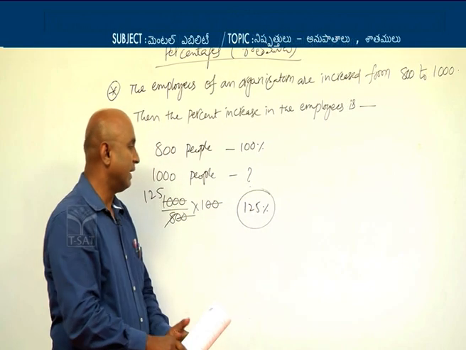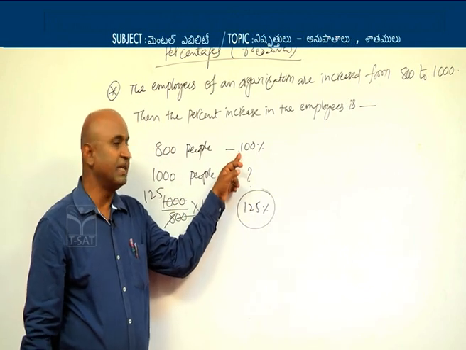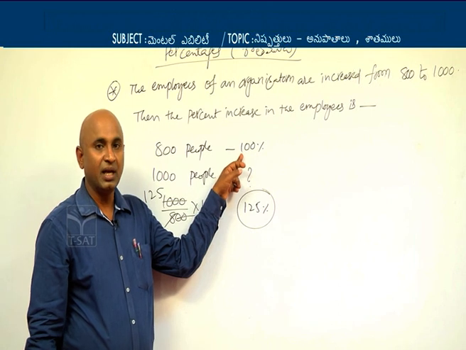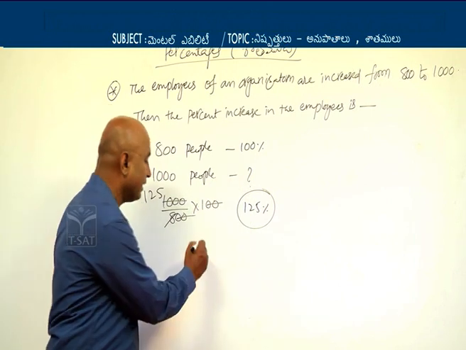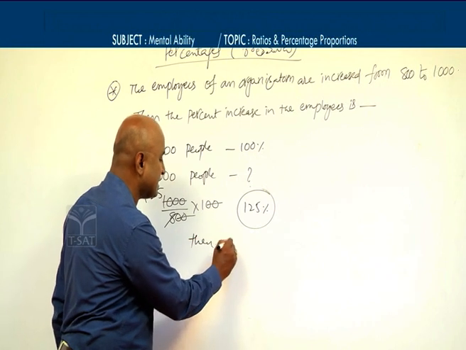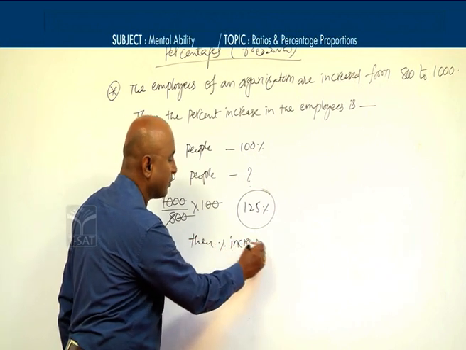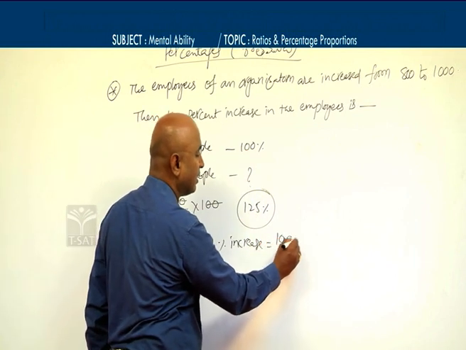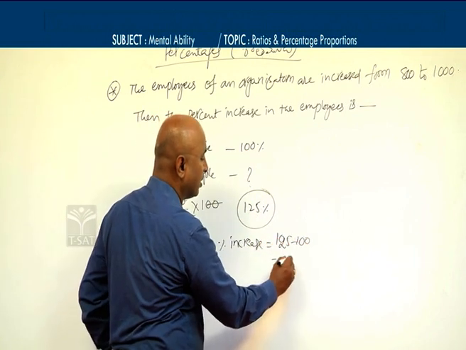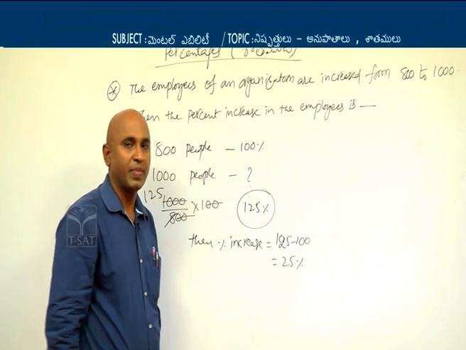So the employees initially they are 100%, now they are raised to 125%. Then percent increase is equal to 125 minus 100, that is equal to 25%.